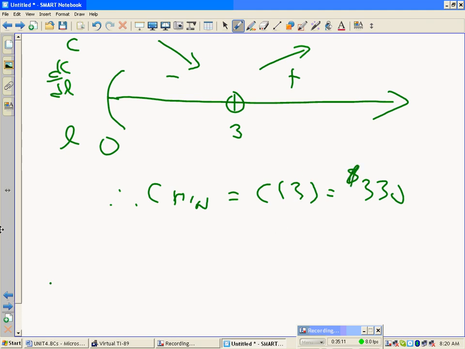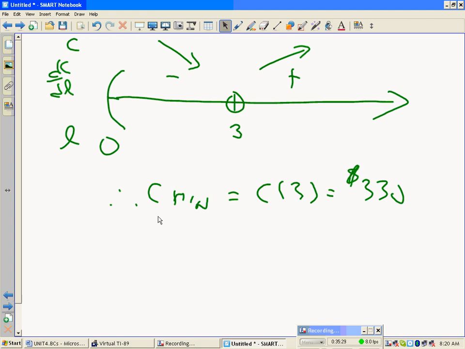Now, I'm saving time here because we're running out of time, but the AP readers every year are getting more and more of a pain about this. Writing that is not enough. They want you to write this in words.